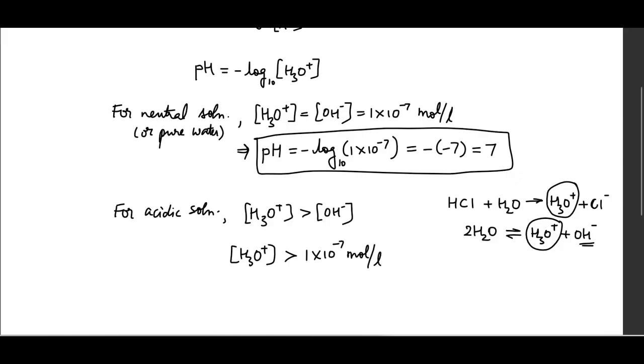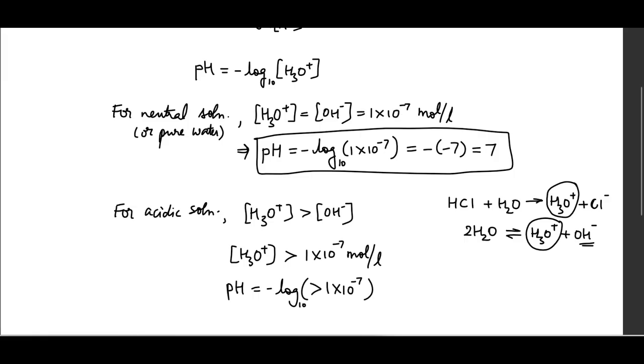Agreed? Now that means when we take the pH, that is negative log of this value, which is somewhat greater than 1 into 10 raised to minus 7, and this is to the base 10.